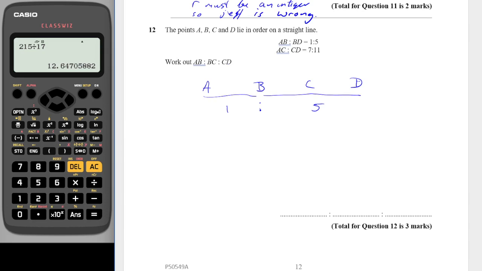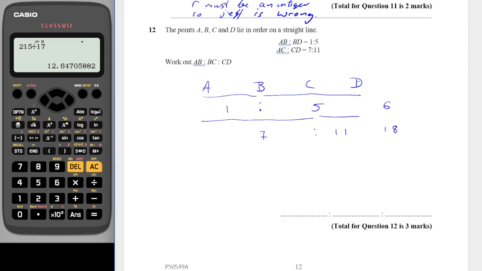7 to 11. Okay, so we've got 6 parts to this ratio, and we've got 18 parts to this ratio. So they can't be combined as they are.